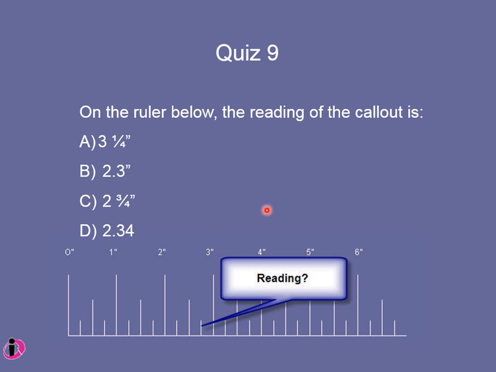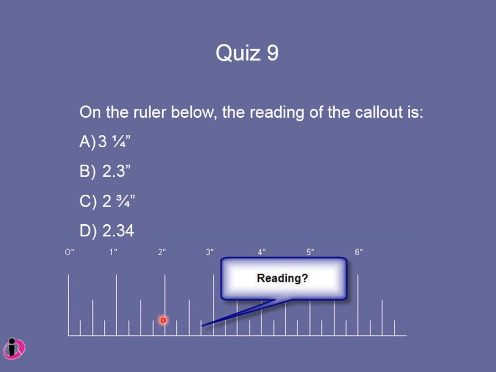Let's look at some quick reading from the ruler. Can we read how much it is? Look at this. We came all the way up to 2, right? And then this is what? This is 2/2. 3/4, right?